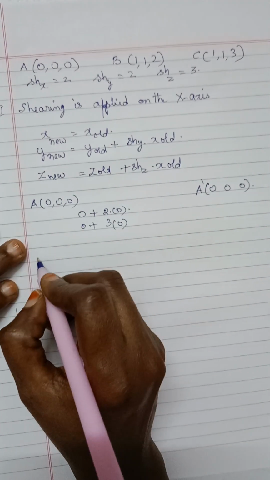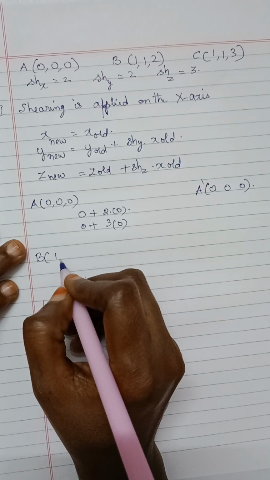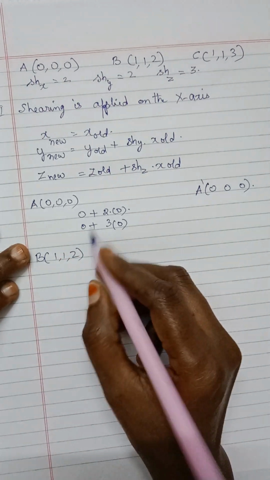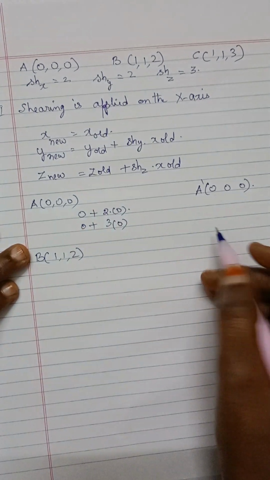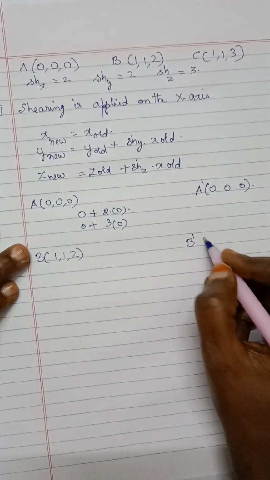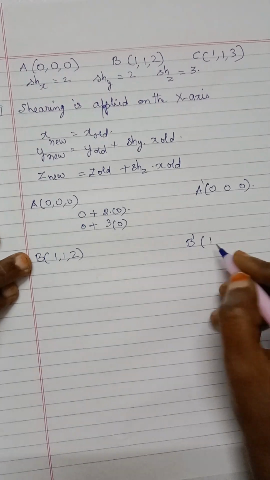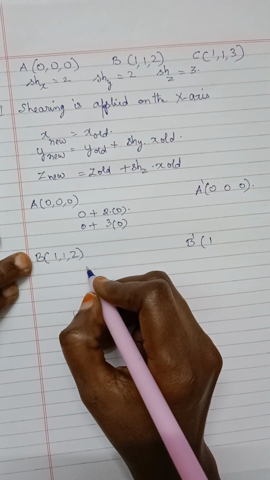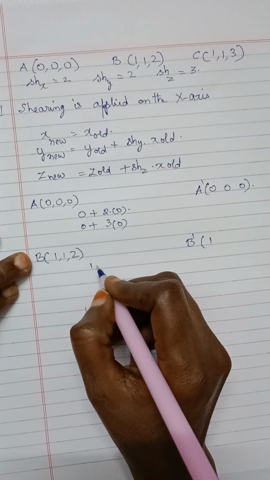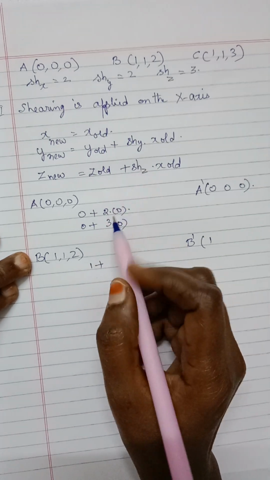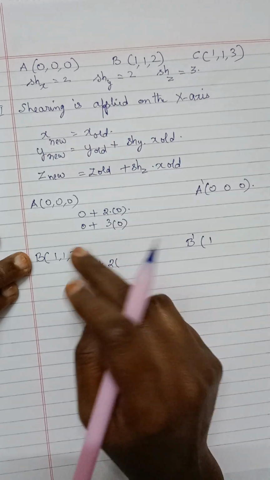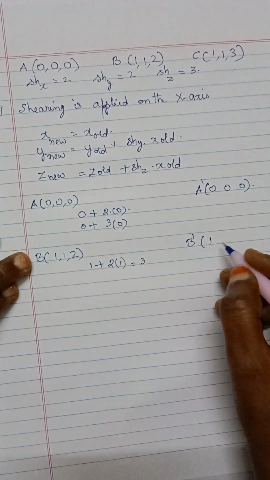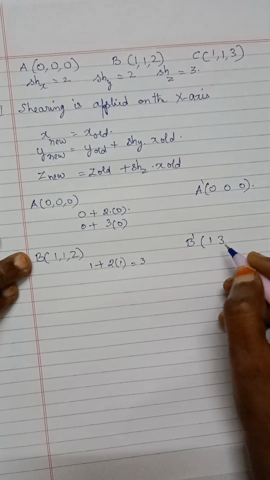Next we will see the next point, that is (1, 1, 2). Apply the same formula. x new will be equal to x old, so the x value does not change, so write 1. Now y new is y old, which is 1, plus shy, which is 2, times x old, which is 1, so 1 plus 2 is 3, so the y value is 3.